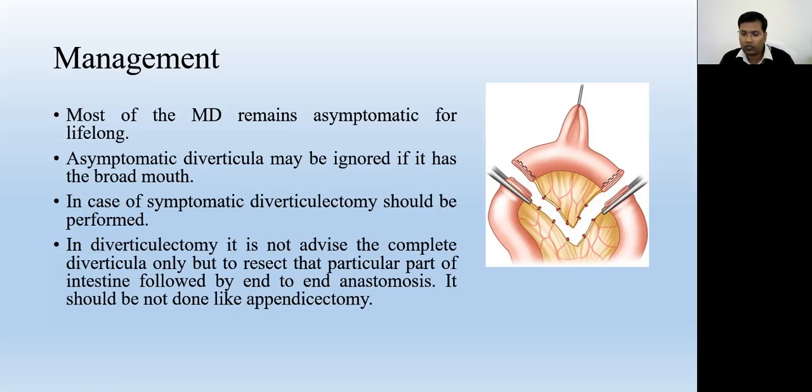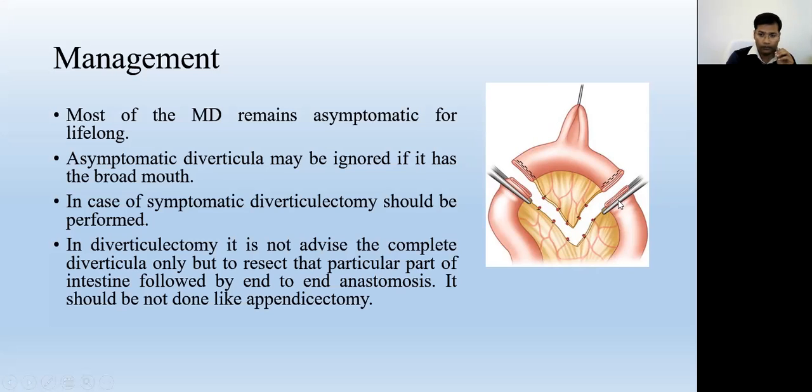In the future, that portion may cause intestinal obstruction, acute or subacute. So for a better result, complete resection of that portion of the bowel is most preferably done along with end-to-end anastomosis. That operation has the greatest success and fewer complications of stricture formation and narrowing of the lumen.